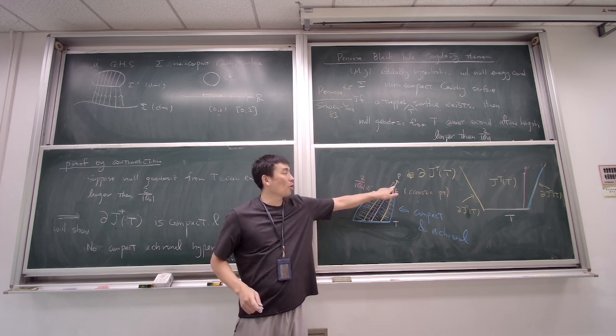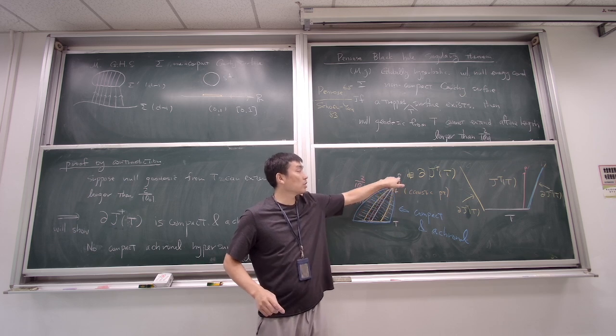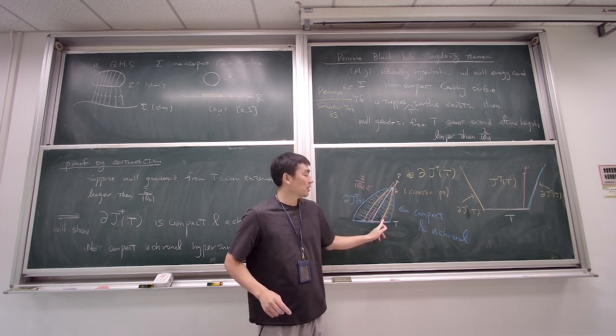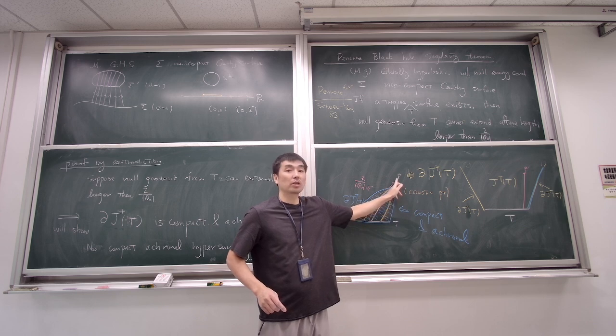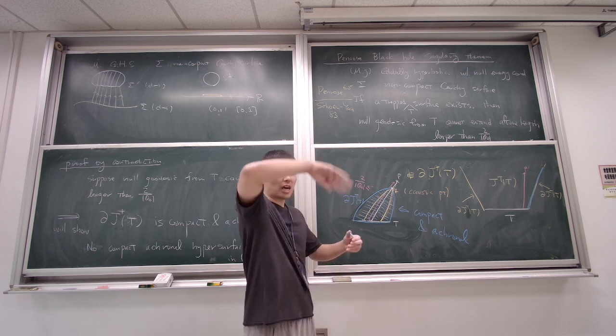But if you go beyond this focusing point, the focal point, then there must be some time-like curve connecting these two, by smoothing out the kink.